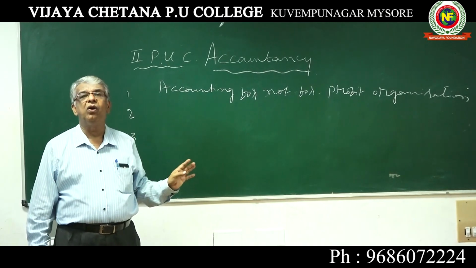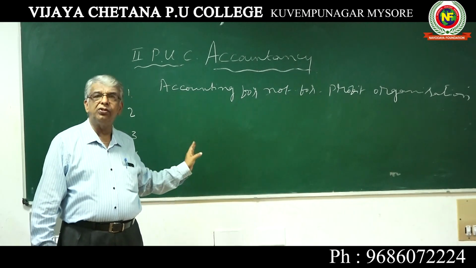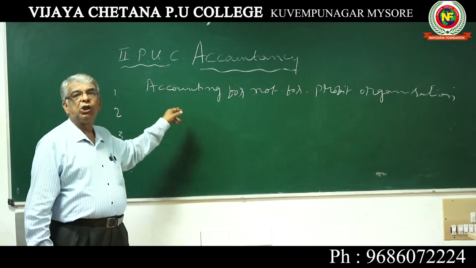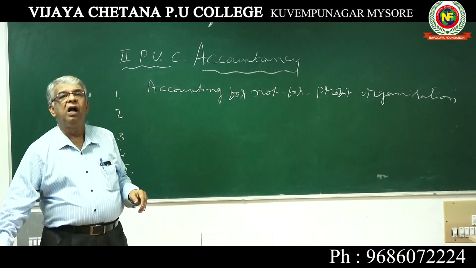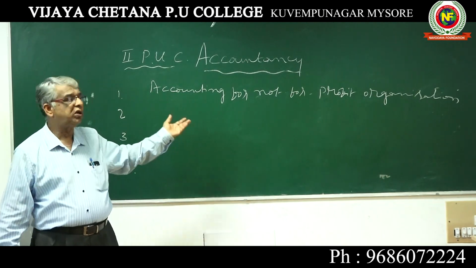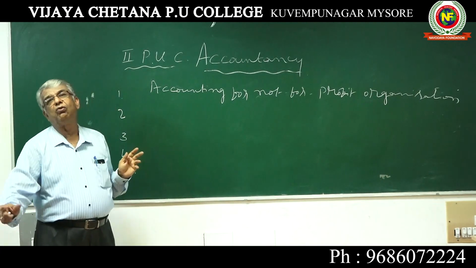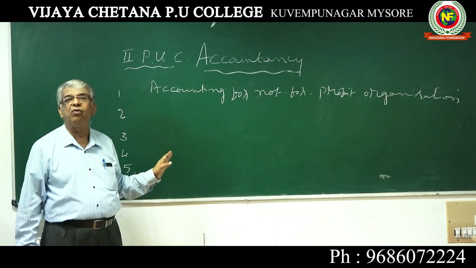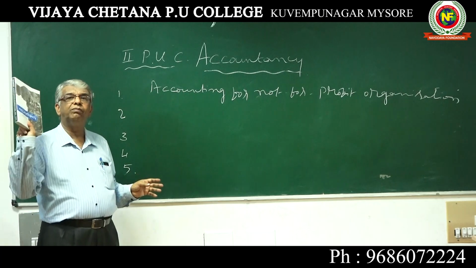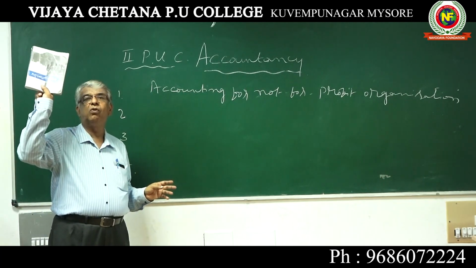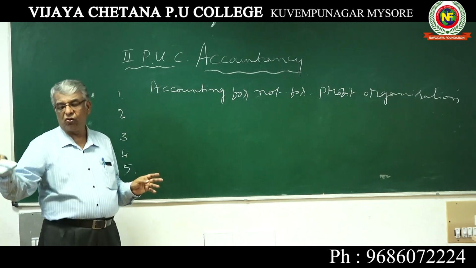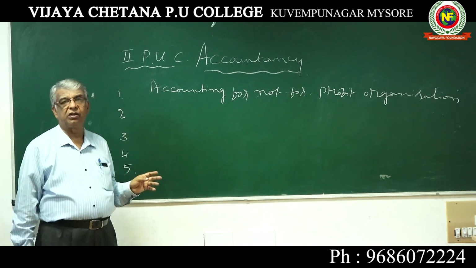So while working out the problems in any chapter, you have to keep the textbook and see the problem. I am going to work out only the solutions on the board. So from tomorrow itself, you have to keep accountancy volume 1. I hope that all of you already brought it.